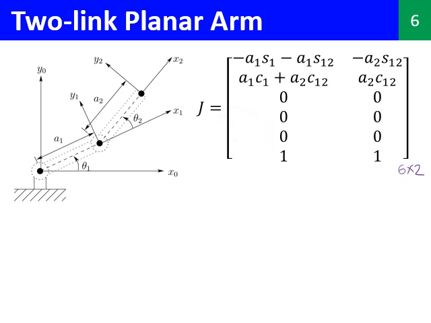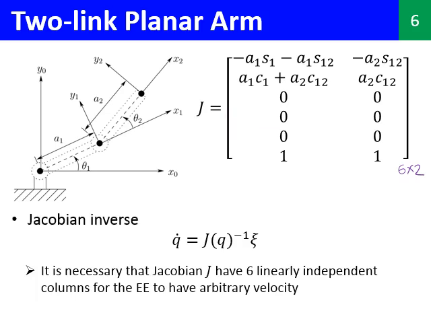Now if we are to obtain any arbitrary velocity in all 6 dimensions, then it is necessary that the Jacobian matrix has 6 linearly independent columns. Thus, we can invert the Jacobian matrix and solve for q dot.